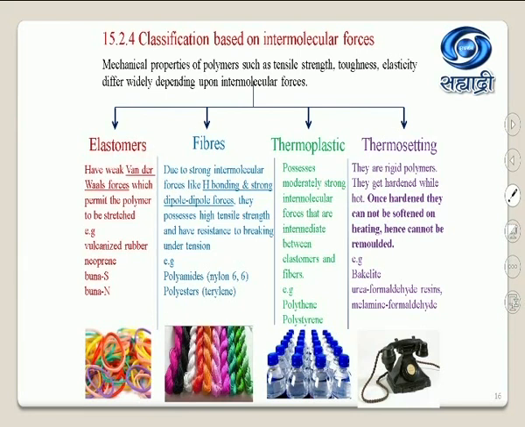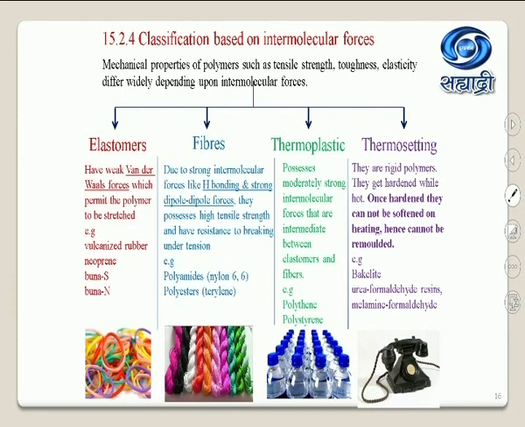First, elastomers. They have weak van der Waals forces of attraction which permit the polymer to be stretched. For example, vulcanized rubber, neoprene, Buna S and Buna N are the best examples of polymer elastomers.